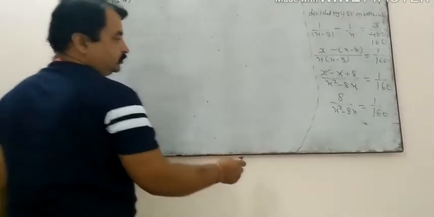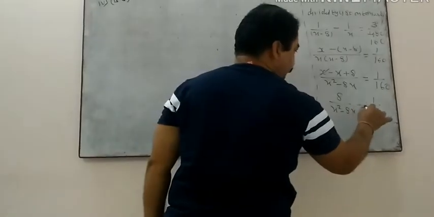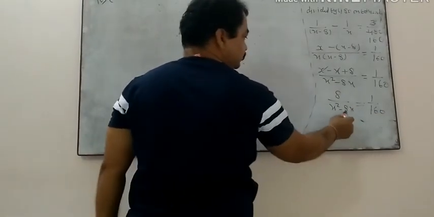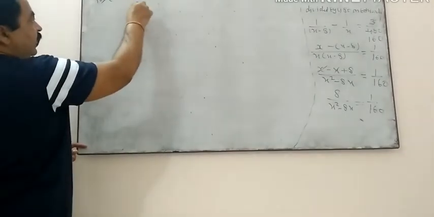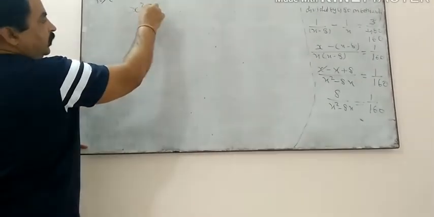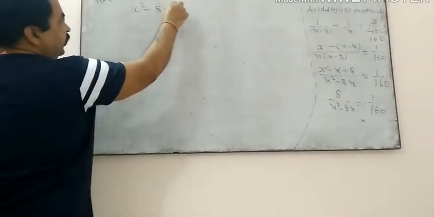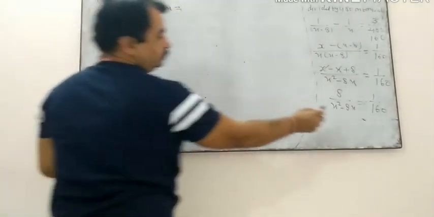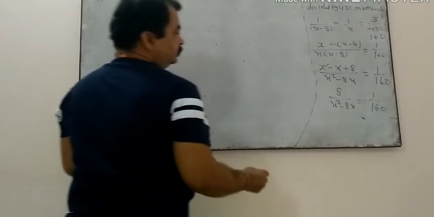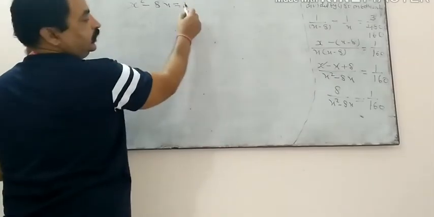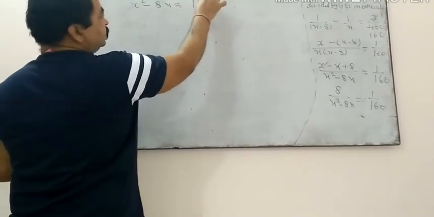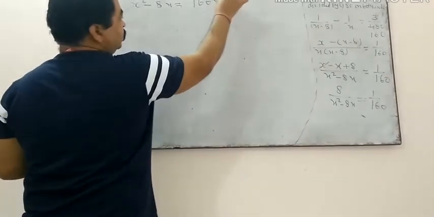Now take the cross multiplication here, right? So we get x square minus 8x into 1. We get x square minus 8x only, right? And the second part is 160 into 8. So 160 into 8, I am writing separately first. 160 into 8.